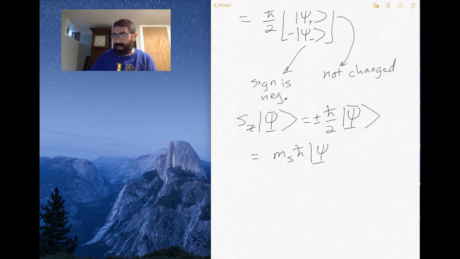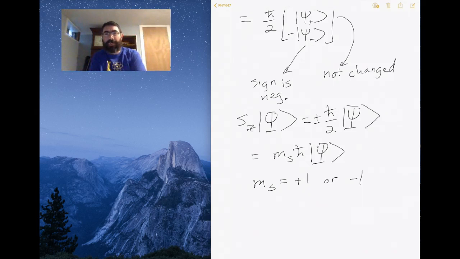So now it looks like the z projection of the angular momentum, where now the quantum number m_s is either +1/2 or -1/2. Spin up has a value of positive 1/2.